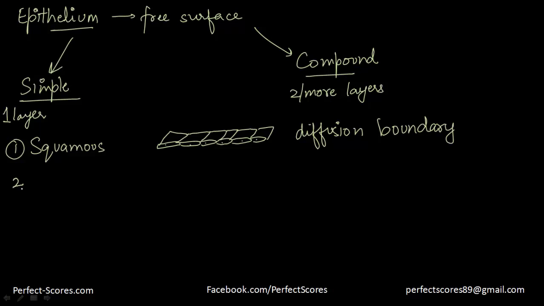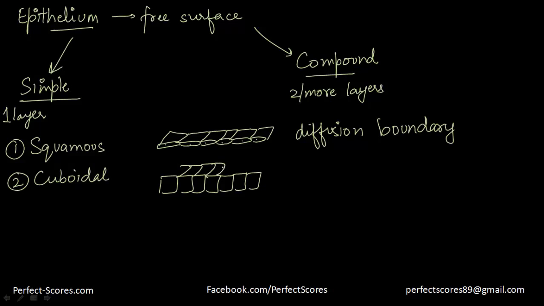cells. The second one is cuboidal, which, as the name suggests, are more like cubes, like this, with one nucleus each. And in these cuboidal cells, these are basically found in the ducts of glands and the tubular parts of the nephrons.